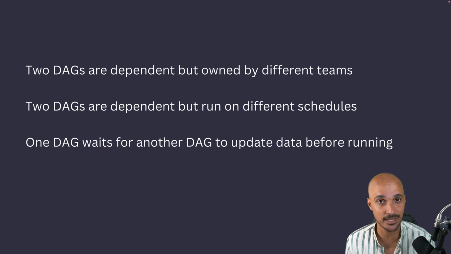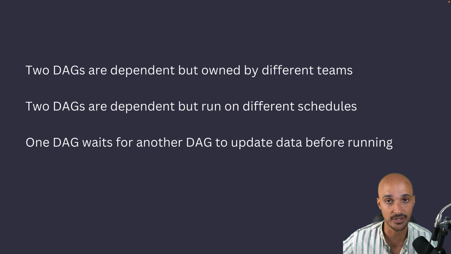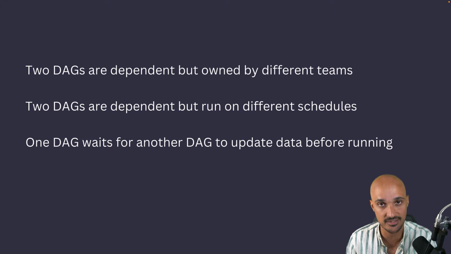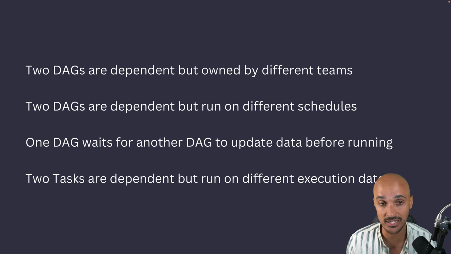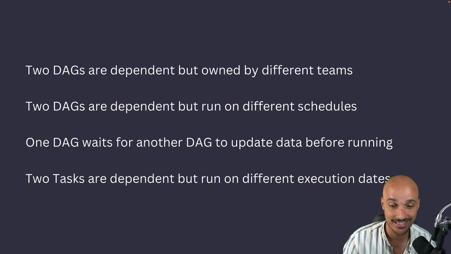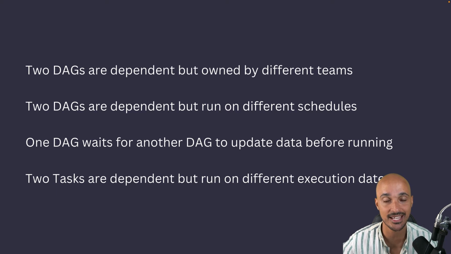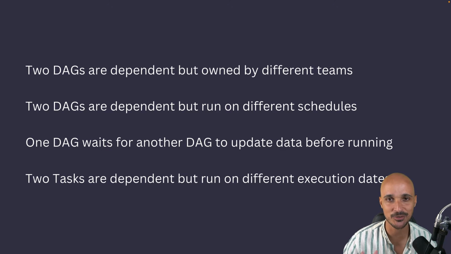For example, a data pipeline updates data in a S3 bucket, and that will trigger another data pipeline to process the data in this bucket. Then last but not least, maybe you have 2 tasks that are dependent but run on different execution dates. I'm sure that you can already see how powerful it can be to create dependencies between your data pipelines.